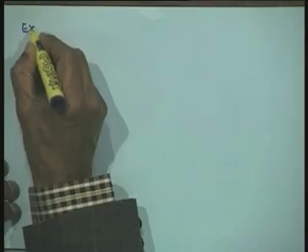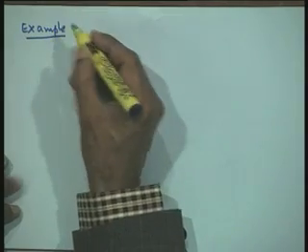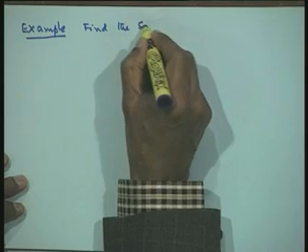Now, before I have a discussion on the error analysis of this, let us take a simple example for successive over-relaxation. Find the solution of the system of equations.